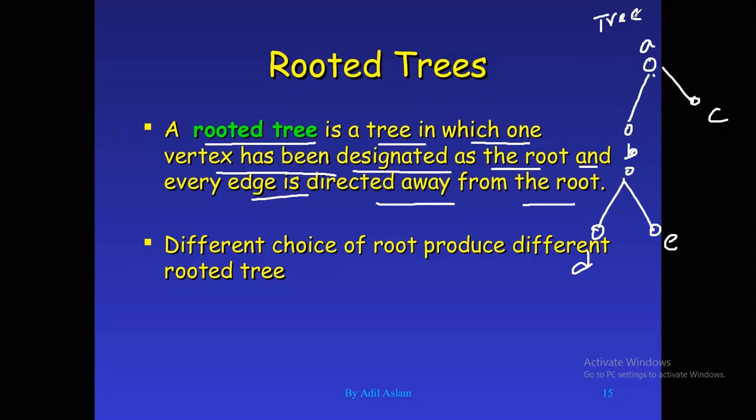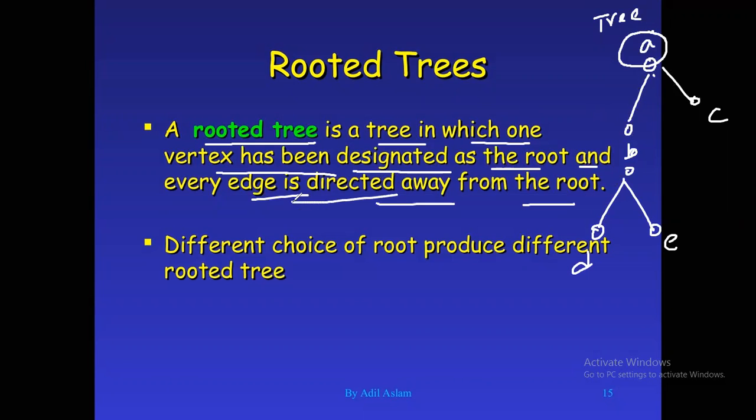So for this tree, one vertex is designated as a root. For example, you have to take this A as a root. If A is the root, every edge is directed away, away meaning outward from the vertex.